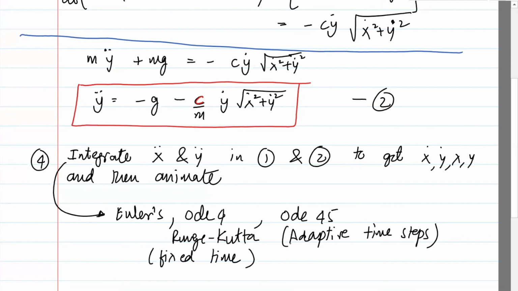So it's able to do the integration much faster than Runge-Kutta ODE4 by taking short or big steps, adjusting the time steps. I thought you should know how to use this, because most times people use ODE45 and not ODE4 or Euler's. Okay, so next I'm going to head to MATLAB and show you how to integrate this and how to animate the motion of a projectile. If you have questions, please feel free to ask them.